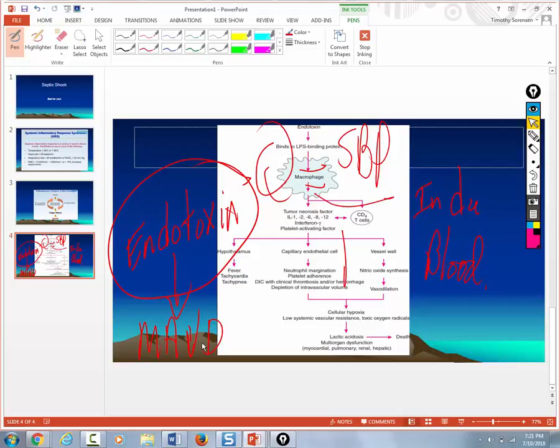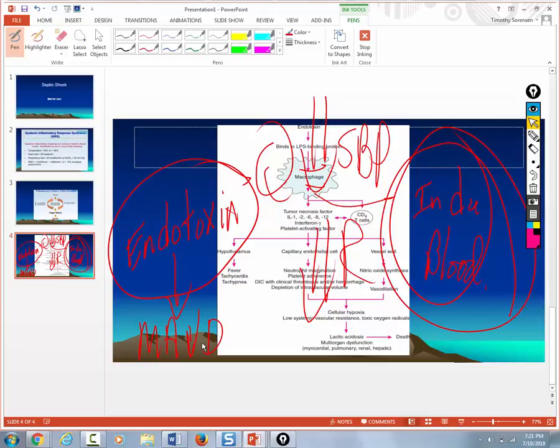So what's going to happen to all of the arteries of your body? And if they dilate, Q equals systolic blood pressure over resistance. What's going to happen to resistance to blood flow? What's going to happen to your systolic blood pressure? And if you don't maintain a mean arterial blood pressure of at least 60, you are in what kind of shock?